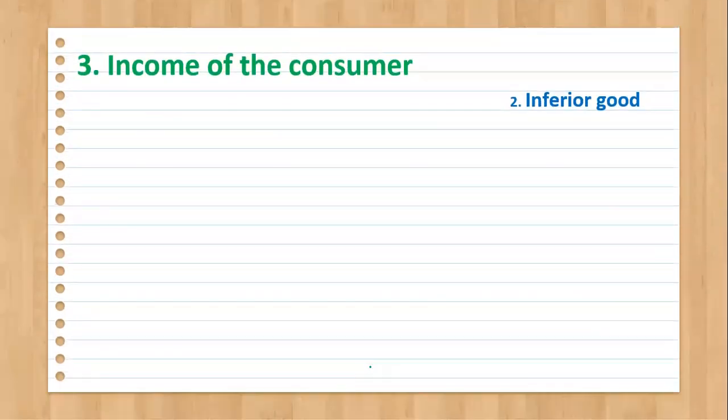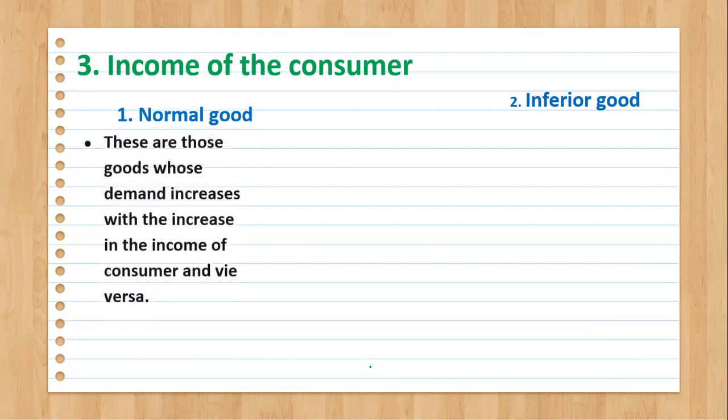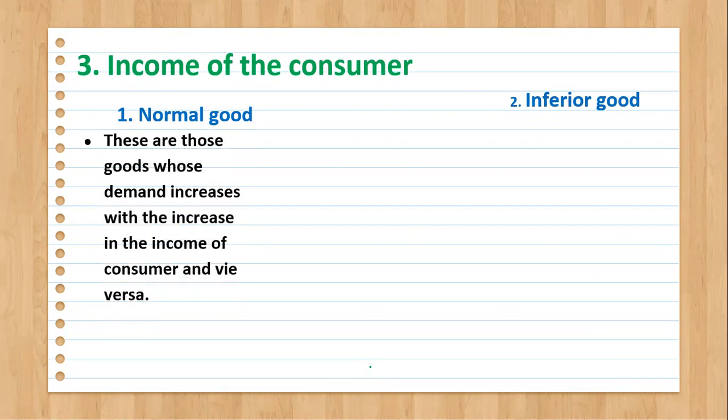The next comes the income of the consumer. Now again we have two types of goods. One is your normal good, another is your inferior good. Normal goods are those goods which possess a direct relationship with the income of the consumer. When your income increases, you would rather prefer to have some better quality products. So those become your normal goods.